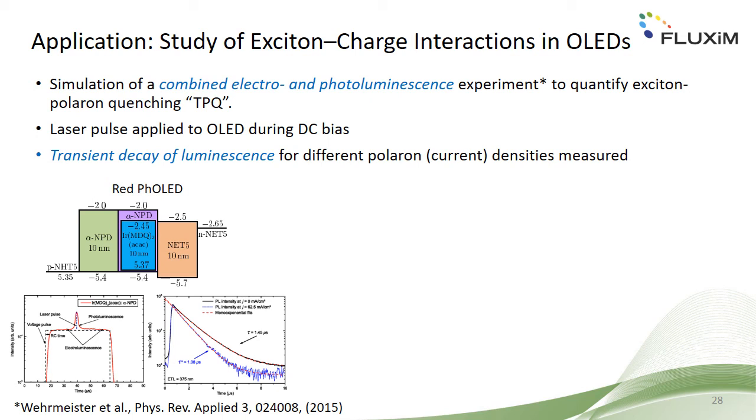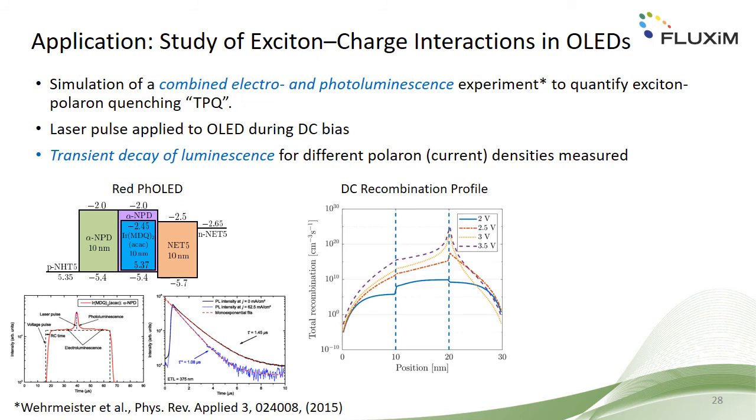The literature data that we looked at was published in 2015 by the Brütting group, and they applied a bias to get an electroluminescence signal, but in addition also applied a laser pulse, and they analyzed the decay of this PL signal. At low applied bias there is a moderately slow decay, but if you increase the current you will have more quenching going on between triplets and polarons, and then the rate of decay is increased.